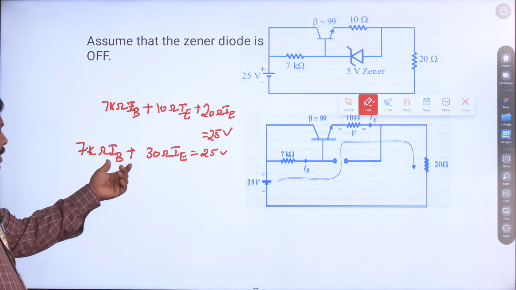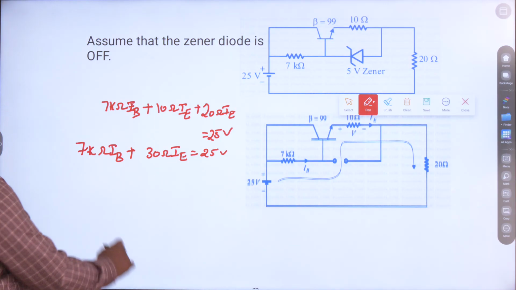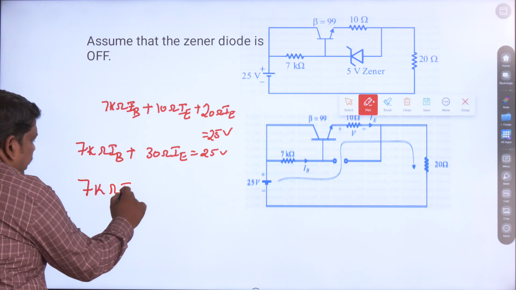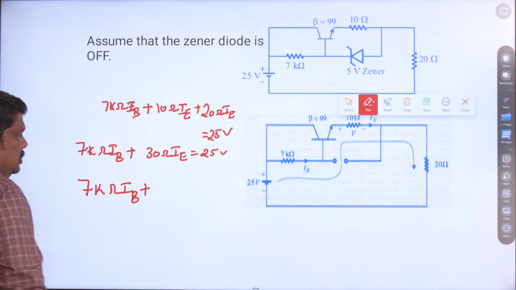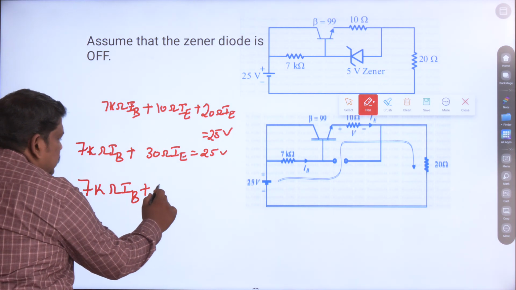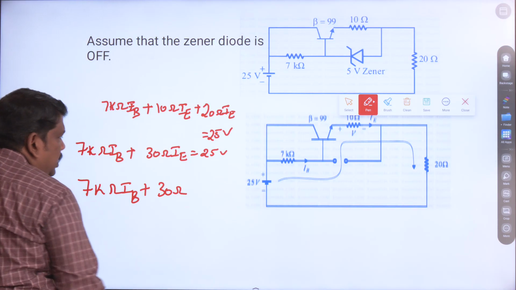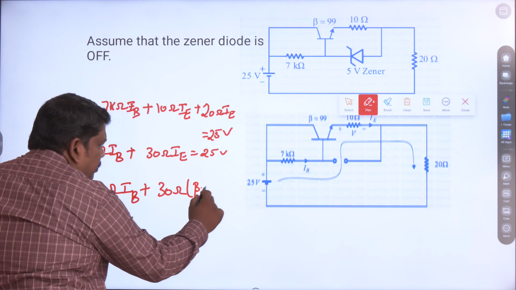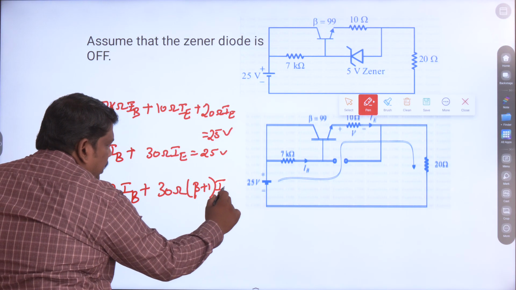Here you can see there is a base current as well as an emitter current, so we can convert the emitter current in terms of beta plus 1 of IB.